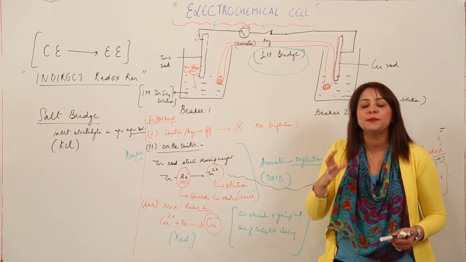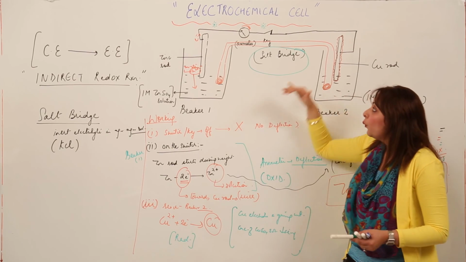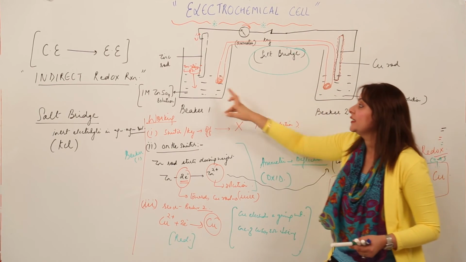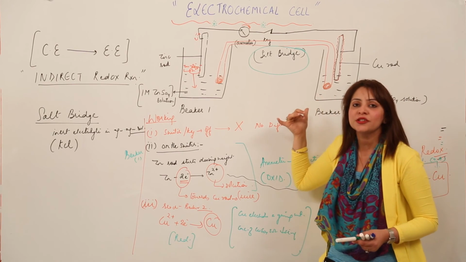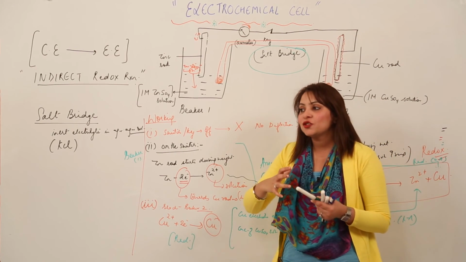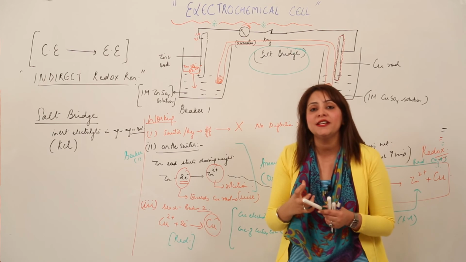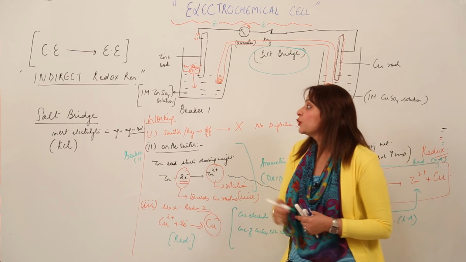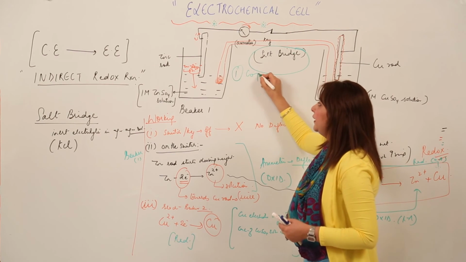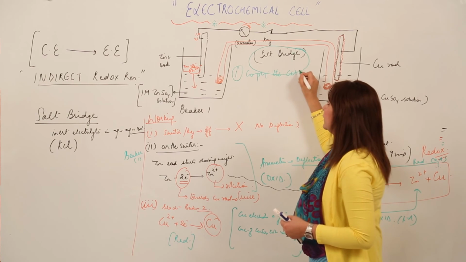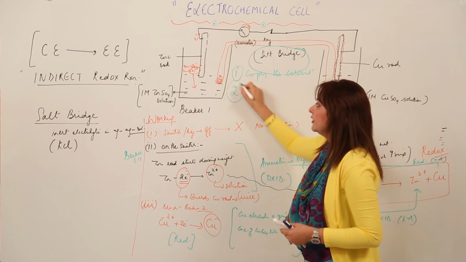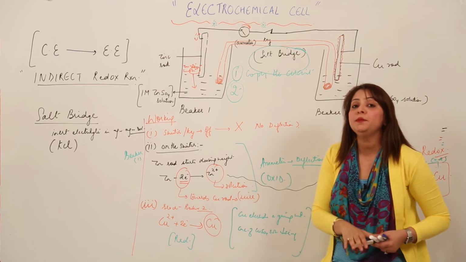So that means it is completing the external circuit. But what the salt bridge is doing is also connecting the one solution and the other solution. So that means it is making a better contact, or you can say it is completing the circuit. So the first use is that it is completing the circuit.